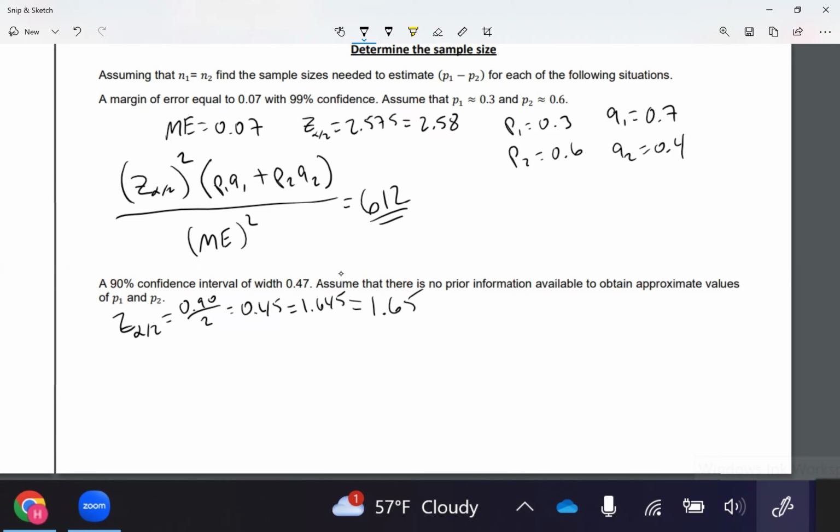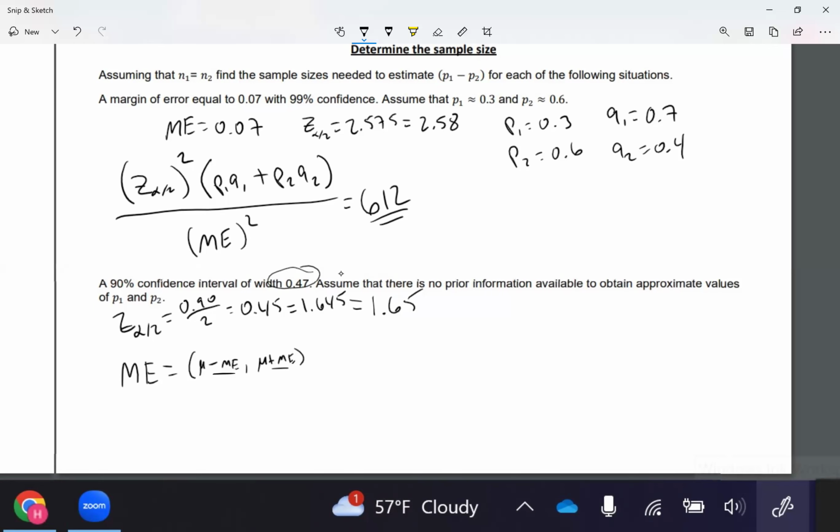This is going to give me my margin of error. When I say my width is 0.47, remember how in our margin of error we have mu minus our error, and then mu plus our error.